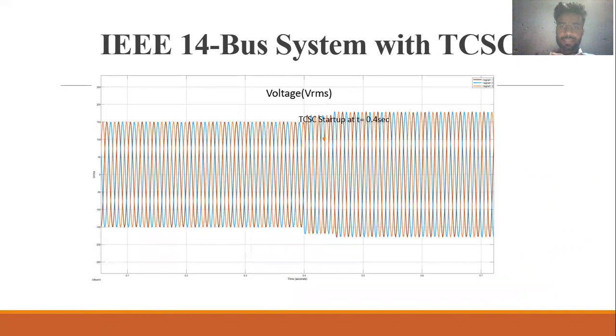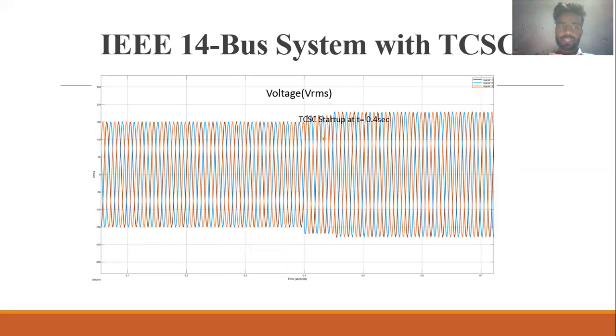So now we are connecting TCSC, and at 0.4 we are triggering it. 150 was being transferred without TCSC, and after some transient it's going to get stable at almost 170 kV that is going to be transferred here. Yeah, 170 kV, improving from 150.